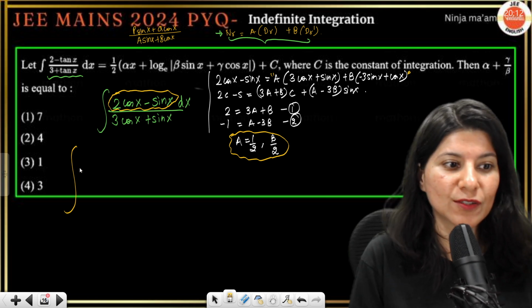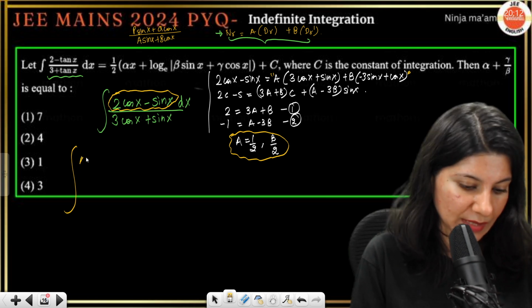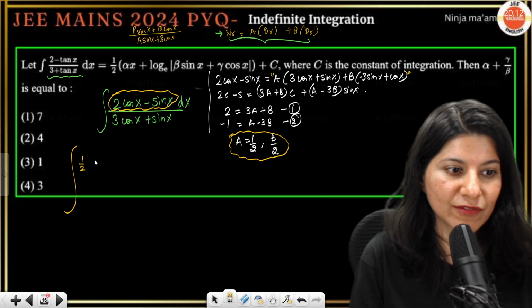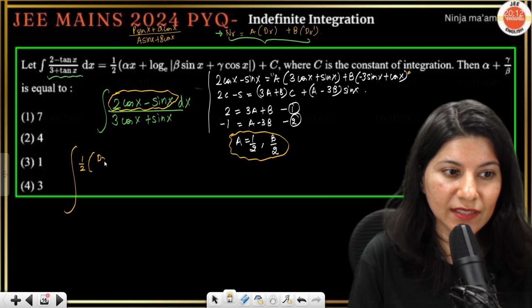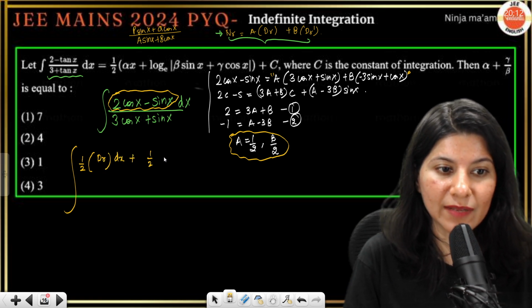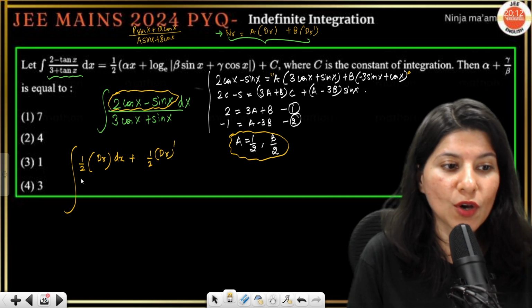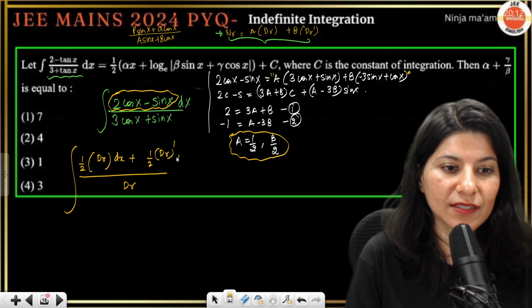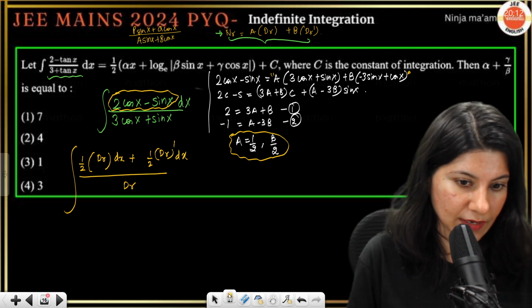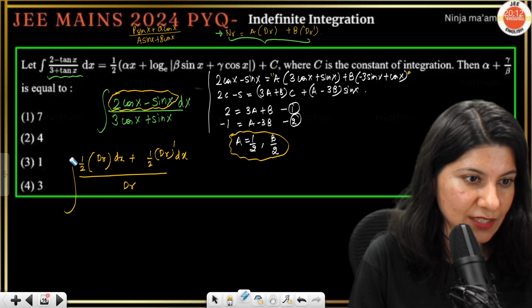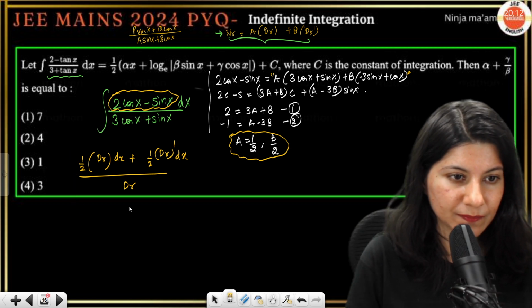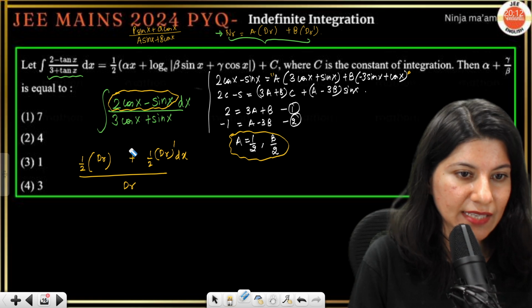So yes, half times the denominator, plus half times the derivative of the denominator upon the denominator, both with dx. And yeah, so the integration can be done, dx can be taken.